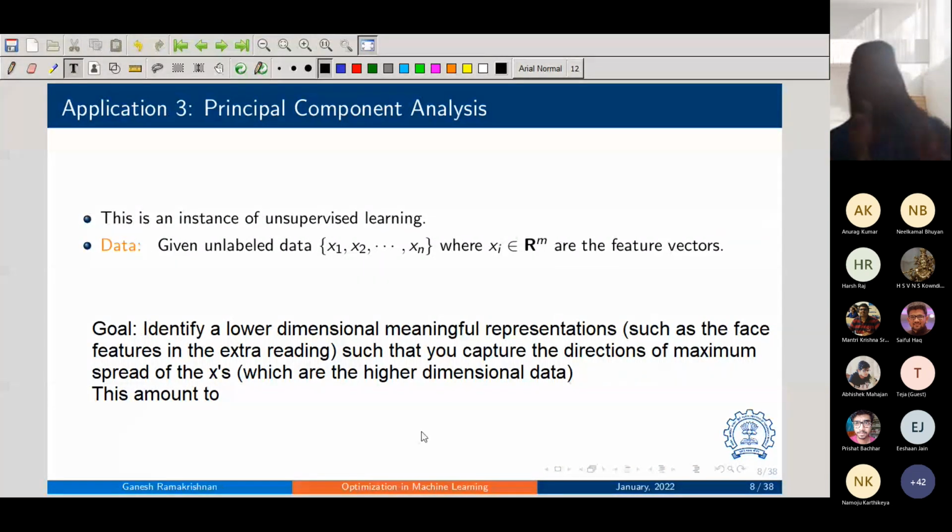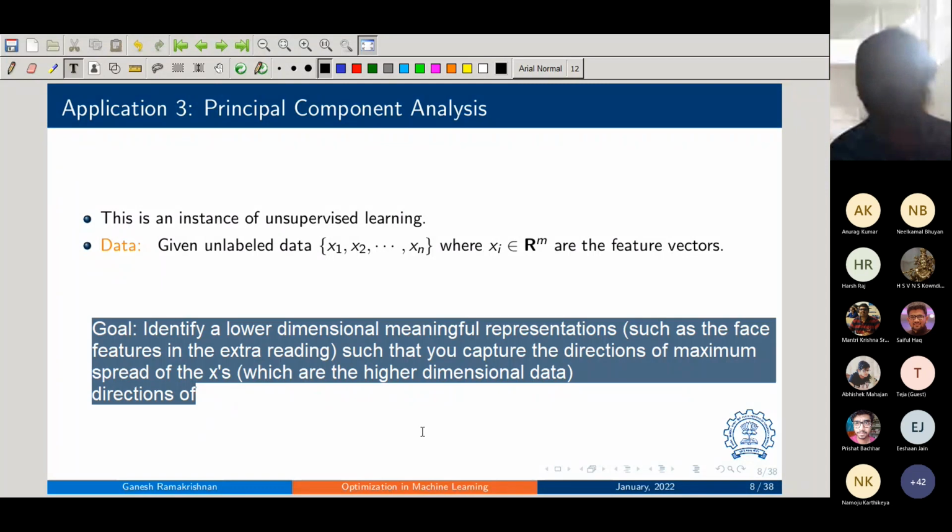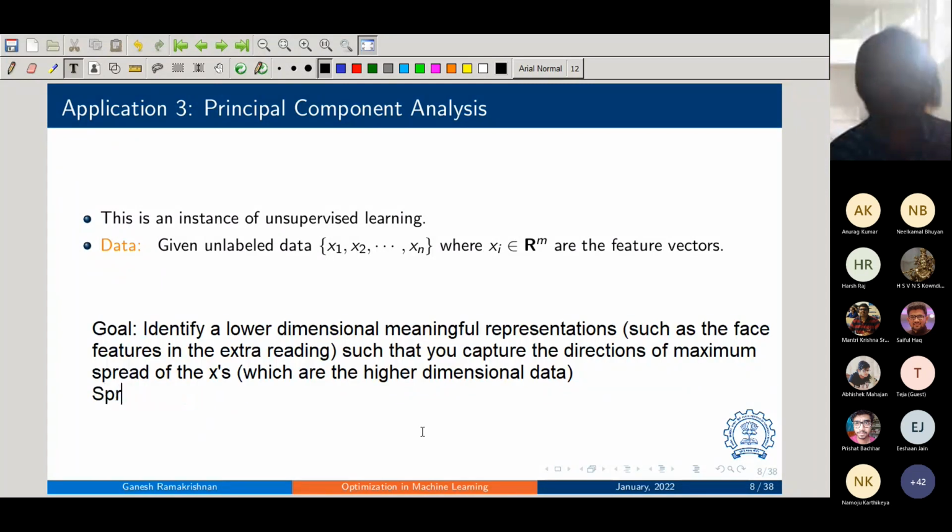So when you say maximum spread, those are the directions of maximum variance. So let me use spread as variance. We'll elaborate on this subsequently, but for the time being, you can think of simple transformations, right? Let me show you one transformation which may not be the most satisfactory, but which is nevertheless something that would come to your mind, right?